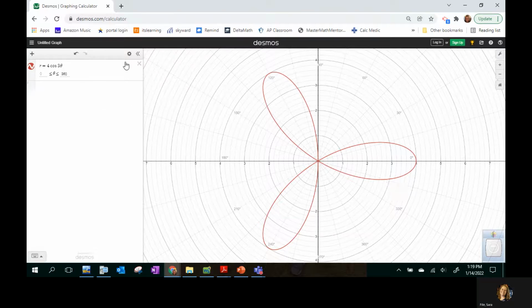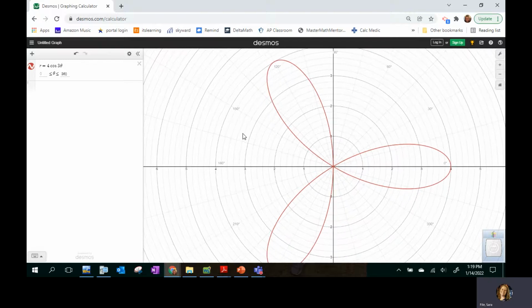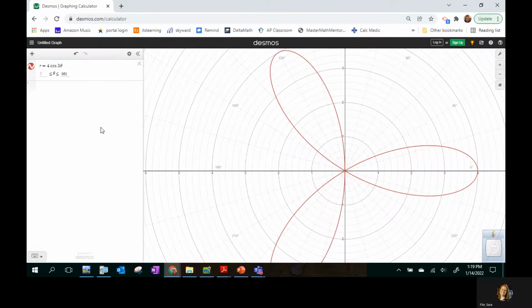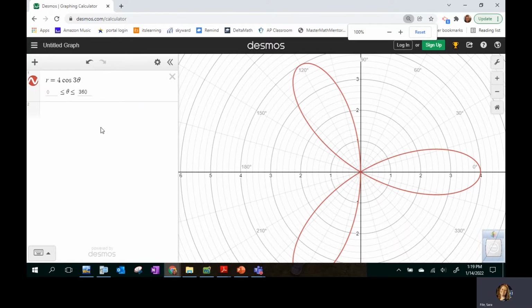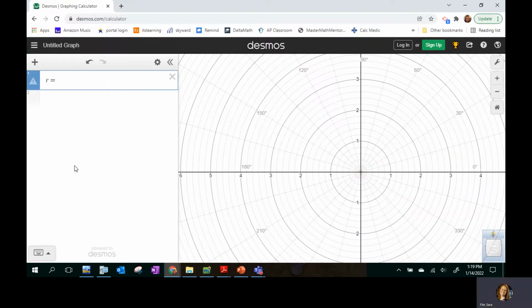Okay, so here is another shape besides a rose or a circle centered at the pole. A lemniscate. Remember in our papers, we were writing those equations as r squared equals.